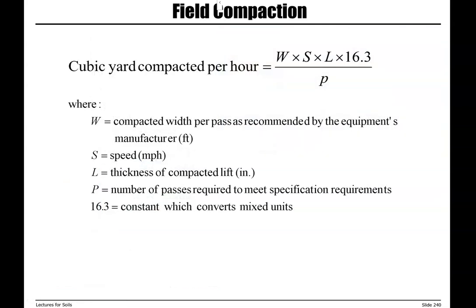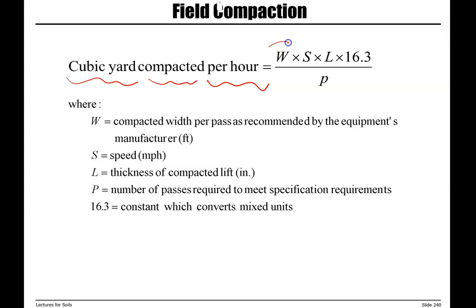Okay, so now we want to be able to calculate how much material is compacted in cubic yard per hour. So cubic yard of material compacted per hour, and that's very simple to calculate.